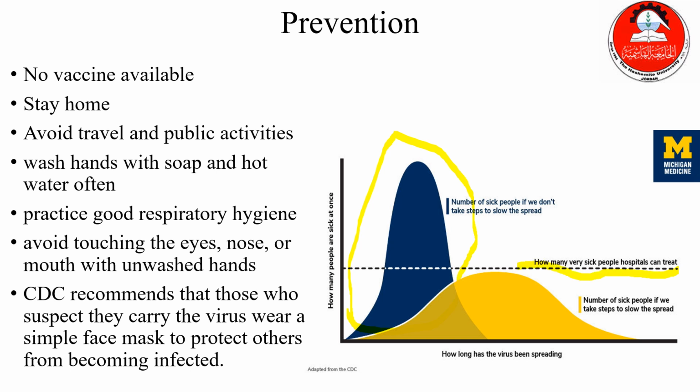So this line represents how many very sick people hospitals can treat. If this number becomes in excess of this number here, then most probably those patients are not going to get well treated, and they are not going to be given the hospital and the medical care required.